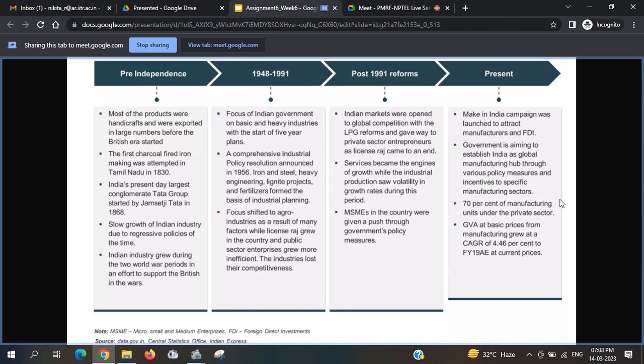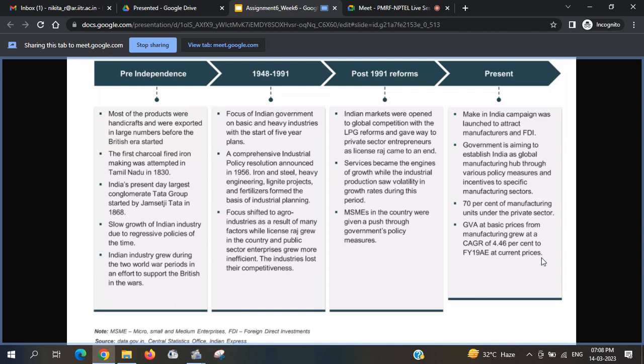Currently, 70% of manufacturing units are under the private sector in India, and GVA at basic prices from manufacturing grew at a CAGR of 4.46% compared to the earlier financial year at the current prices.